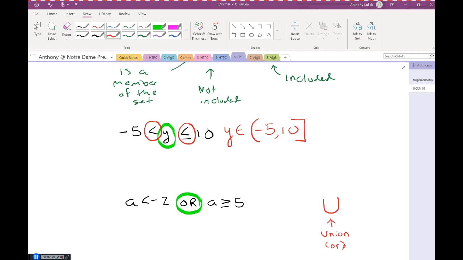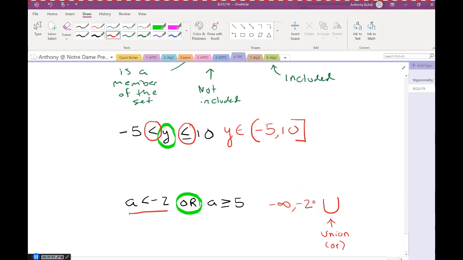So we'll look at these each independently. If I look at a is less than -2, how would I write the interval for that? Well, let's start with the lower bound. What's the lower bound for a is less than -2? -infinity. And the upper bound then is -2.